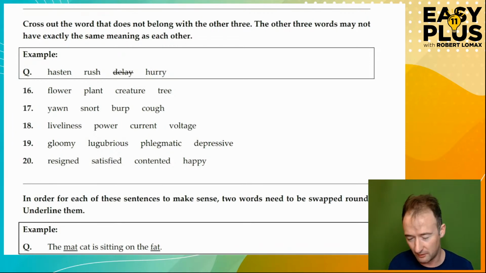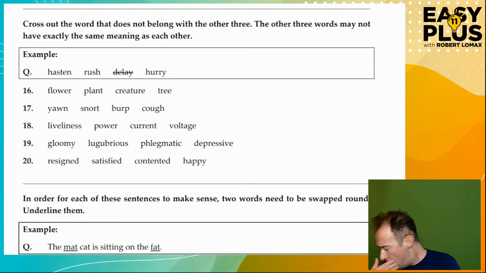Okay, these definitely don't have the same meanings. Flower, plant, creature, tree. Okay, so a flower and a plant. Well, a flower is a kind of plant. A tree is also a kind of plant. Flower, plant, tree.